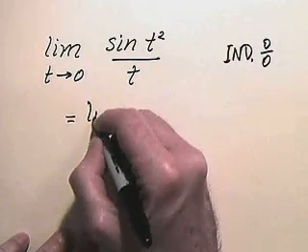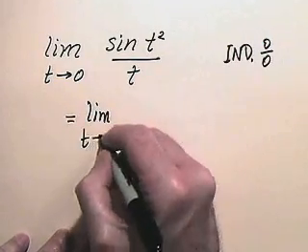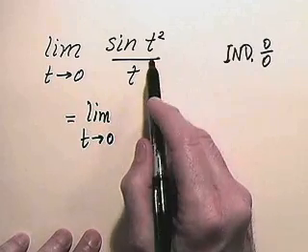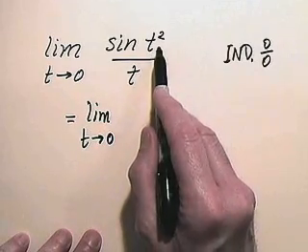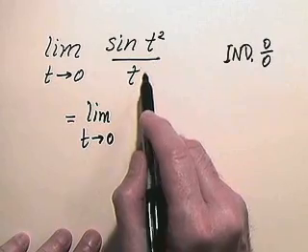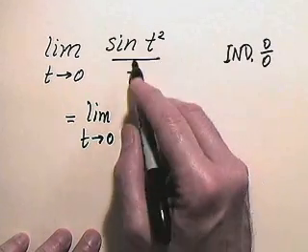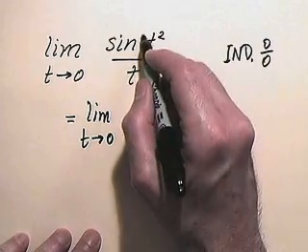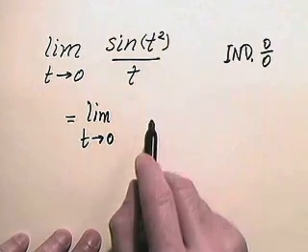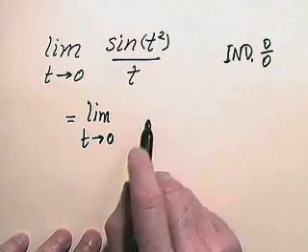This will be the limit as t approaches 0 of the result of differentiating the numerator and the denominator separately. The derivative of the numerator, in effect, is differentiated by the chain rule. Notice there's an implied parenthesis there in our standard notation.